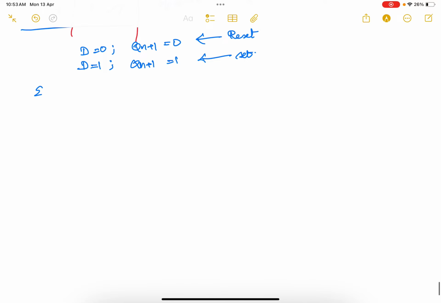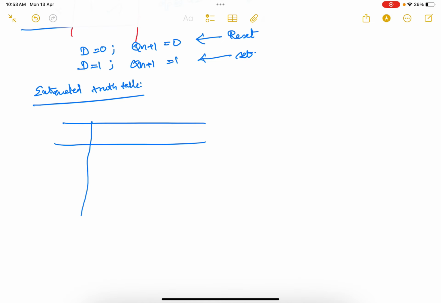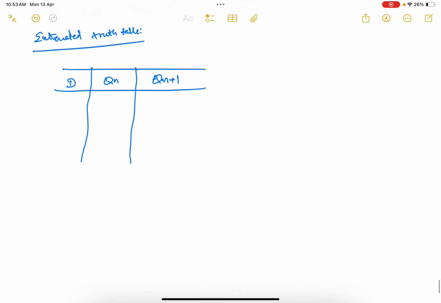Now I am going to draw the next thing, which is the extended truth table. One of the inputs is your D input, and Qn I am going to now expand.